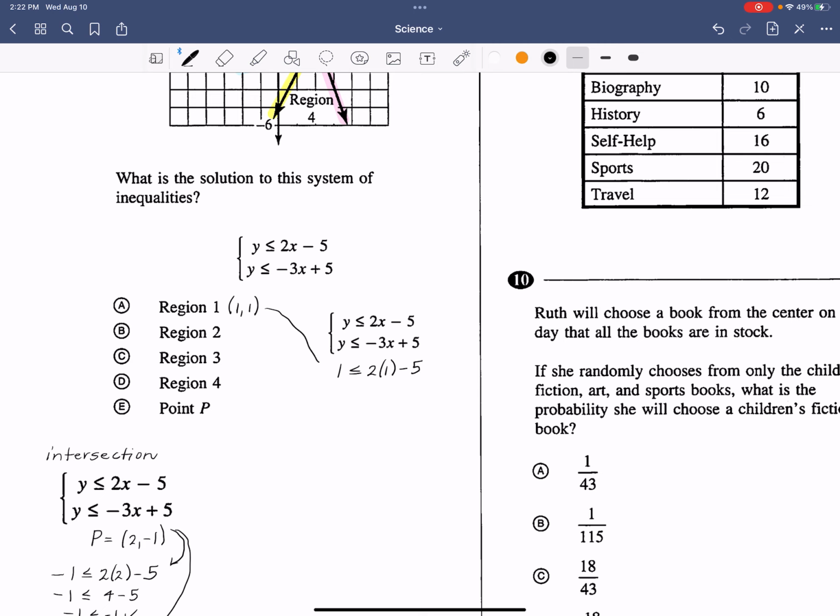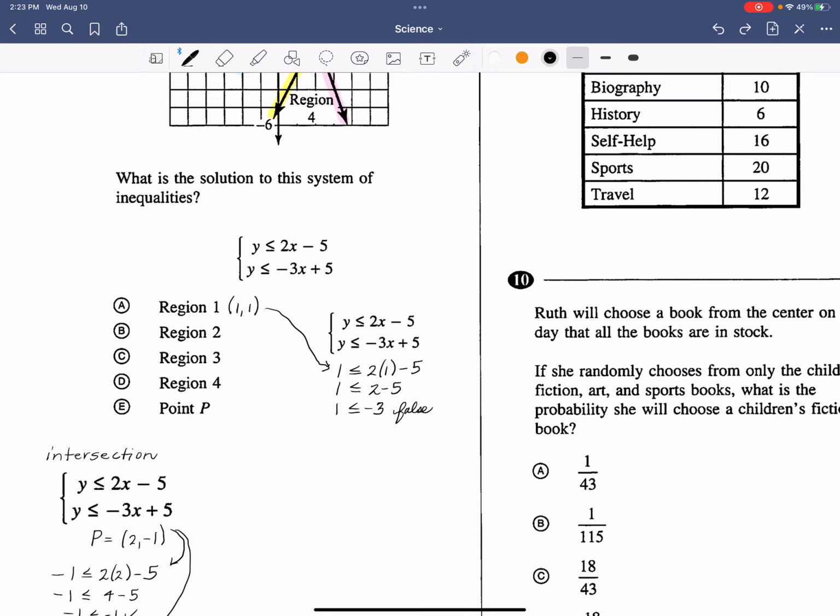So I'm plugging in that point. 1 is less than or equal to 2 minus 5. 1 is less than or equal to negative 3. No, that's not true. That's a false statement. So I can stop right there. I don't even have to check that second inequality. I can tell you on the basis of this one right here that this is not going to fit.